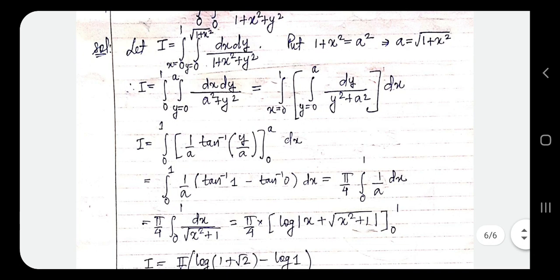So after deciding that, I is equal to, x is running from 0 to 1, y is running from 0 to under root 1 plus x square. You can see that 1 plus x square appears in the limit and the integrand also. So obviously with no thinking I'm going to substitute it.